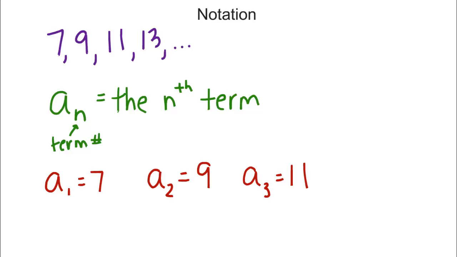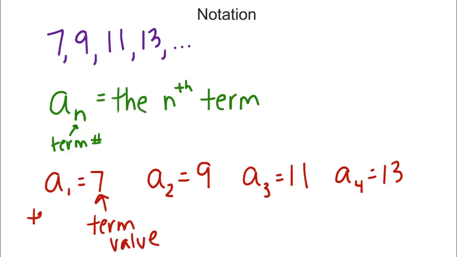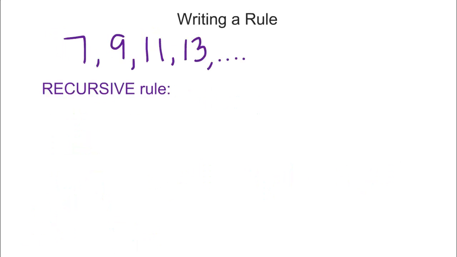A3 equals 11, A4 equals 13. The notation just lets us denote a term number and the term value. So 7 is our term value, 1 is the term number. That's going to let us describe a sequence. So how do we use our notation to actually write a rule that we can read and that'll help us generate the sequence?